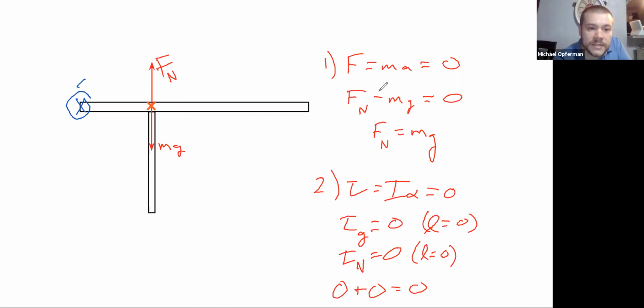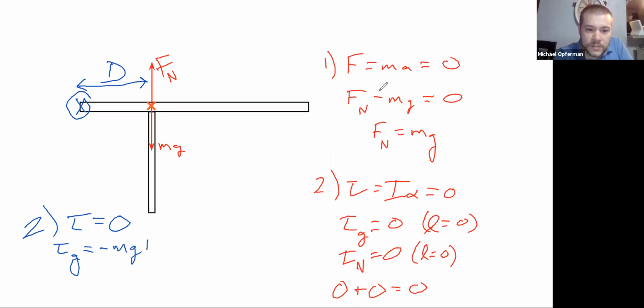There is some distance here between the axis of rotation, the blue axis of rotation, and where the forces are acting. Since they're acting at the same location, this person would say, okay, I have to have the sum of the torques equal to 0. The torque exerted by gravity is negative mgd, the force times the distance, everything's tangential here, and the torque exerted by the normal force is plus Fn times d.